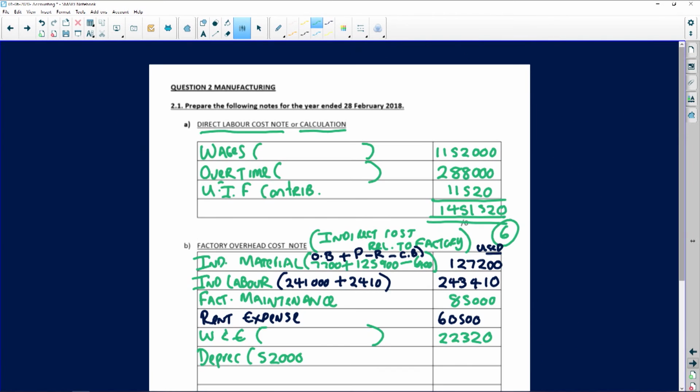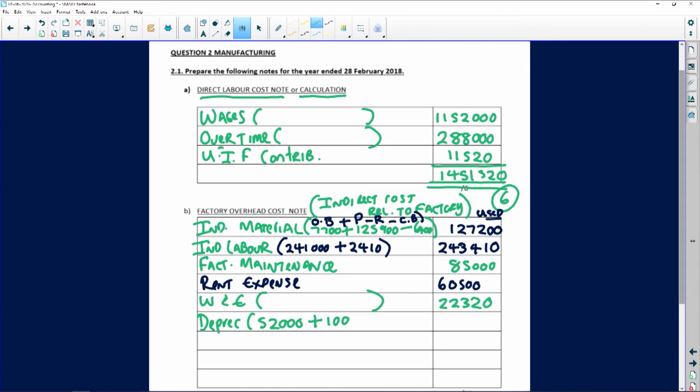So let's record our depreciation first. So we're obviously including the 100 Rand. And then if you want under factory maintenance, you could have included the 780, or you can just show it separately as repairs to equipment and nothing for you to calculate an amount of 780.